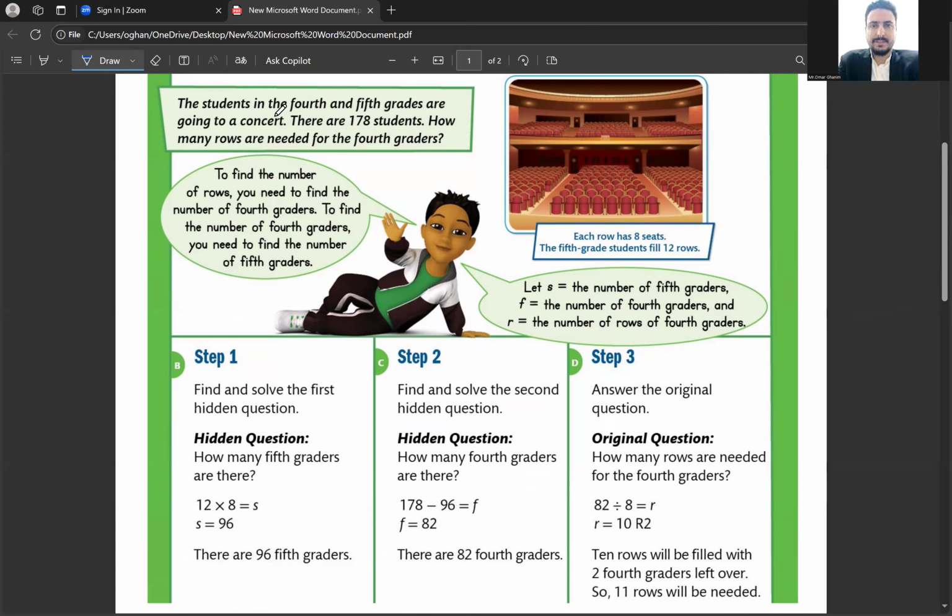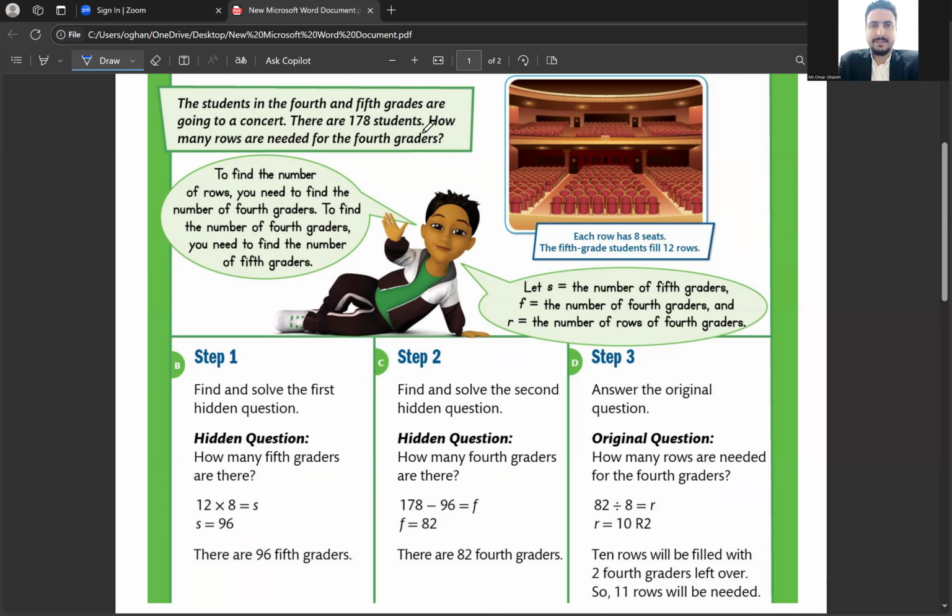The students in the 4th and 5th grades are going to a concert. There are 178 students. How many rows are needed for the 4th graders? So the first thing we need to know is that we have a total number of 178 students.